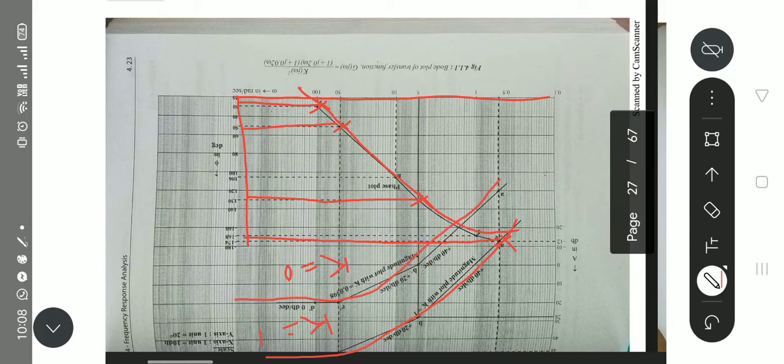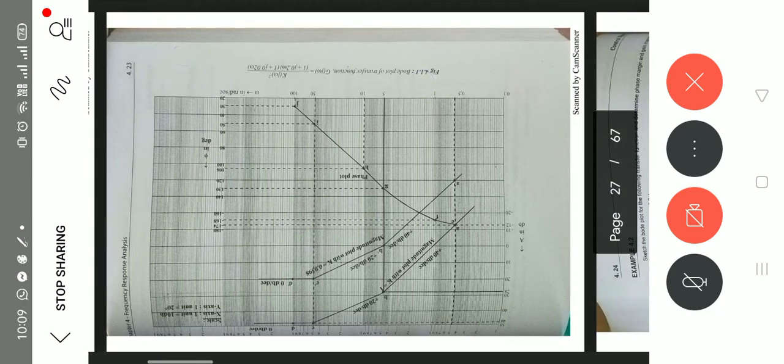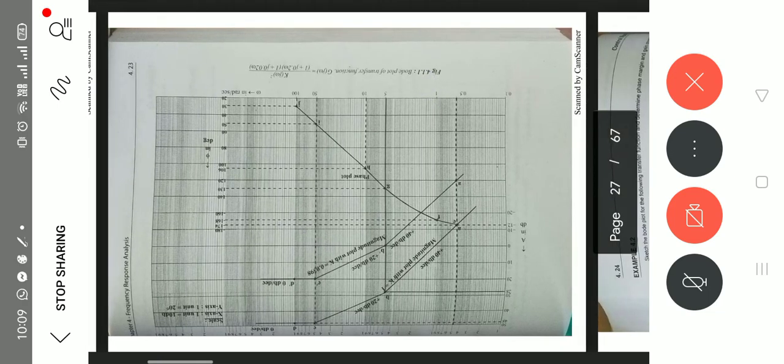Same like that, you can take any k value; the magnitude graph will be the same, only the values will change. Okay, any doubts in the Bode plot?